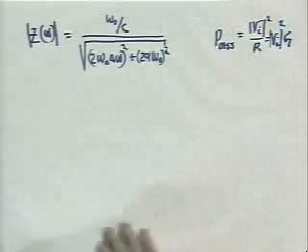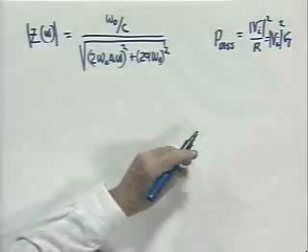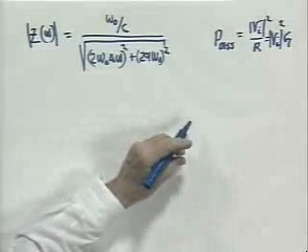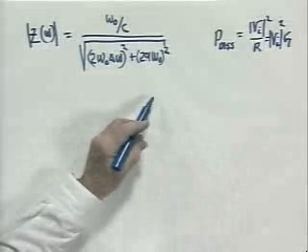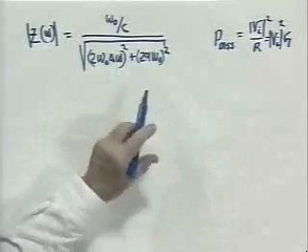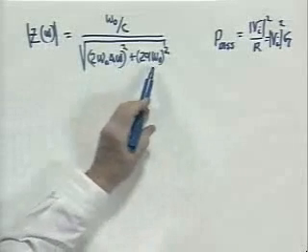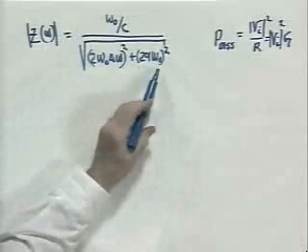If the network is driven with a current, as we depart from resonance, that is, as delta omega becomes other than 0, recognize that when delta omega is 0, the denominator just becomes 2 alpha omega naught.